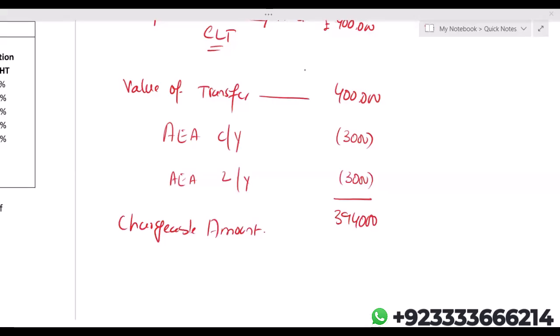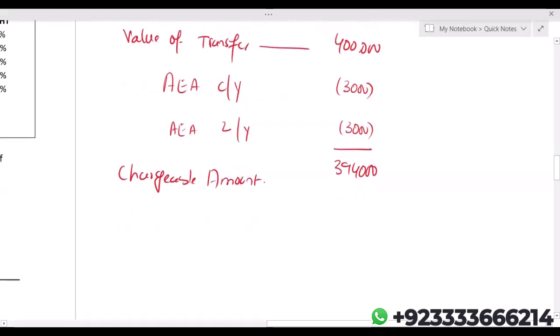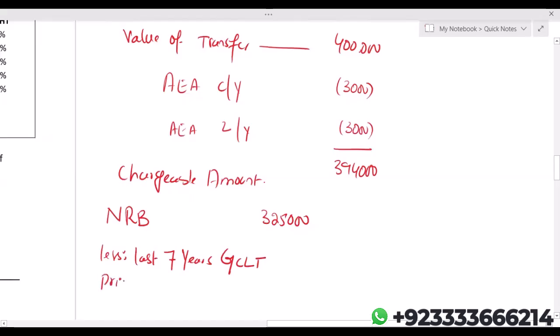Okay, now. Chargeable amount. Directly on 394, you will not apply any IHT rate during the lifetime. First of all, you will check for the nil rate band, which is 325,000, less last 7 years gross CLT prior to gift. Prior to.